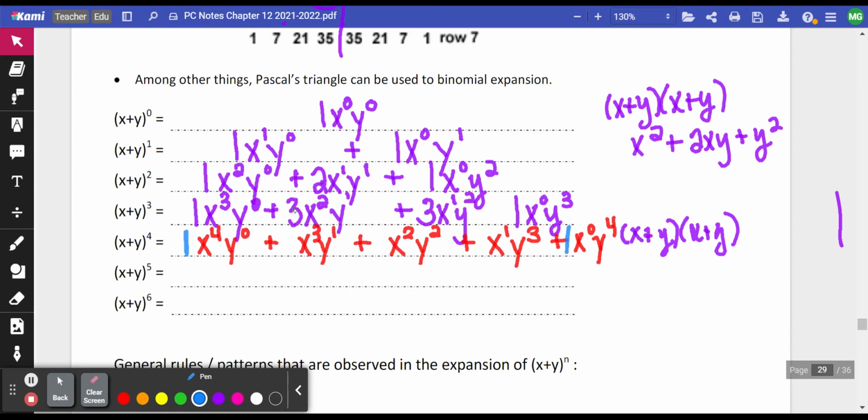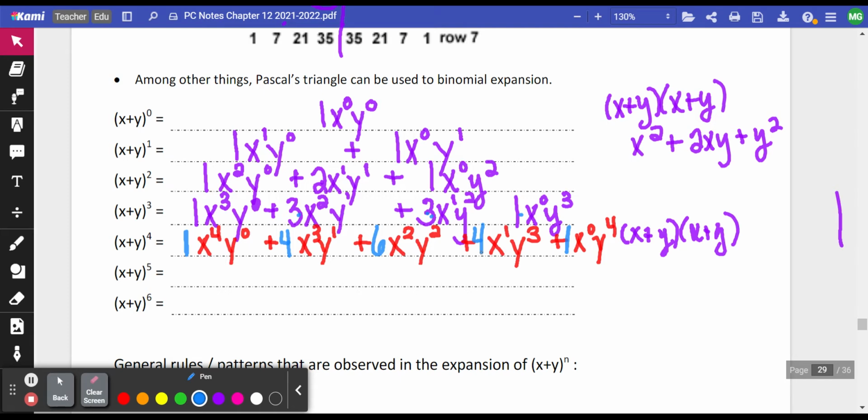Now, 1 plus 3 is 4. 3 plus 3 is 6. 3 plus 1 is 4. Okay, so that's one way to get these, and I'm actually going to give you an even better way in a little bit. Let's go ahead and do the next one together.